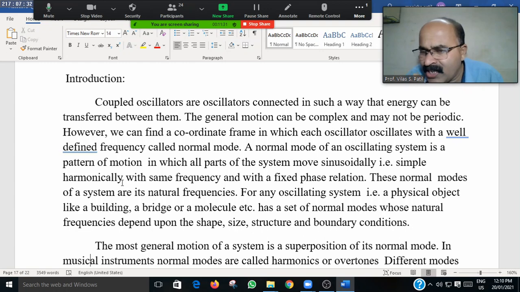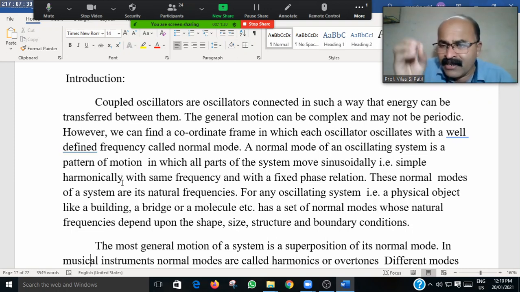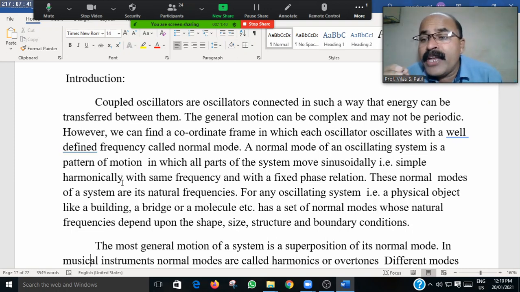With to-and-fro motion, the bob comes to the mean position after a number of oscillations. That system is periodic and exhibits simple harmonic motion.